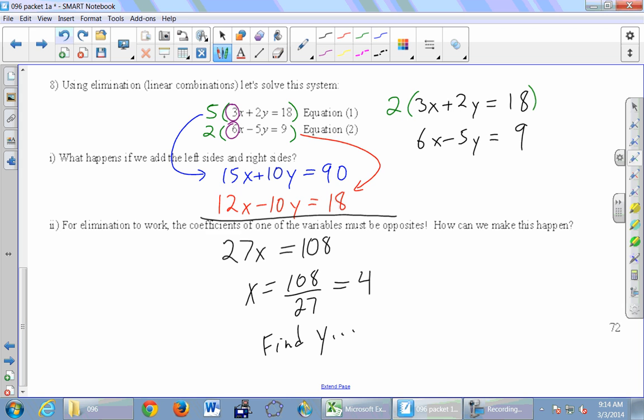But if it's a 6, then they're both 6x. And when you add up both of these 6x's, they don't cancel. So I really want one of them to be the other sign. So how about we multiply by -2? So let's distribute that -2.